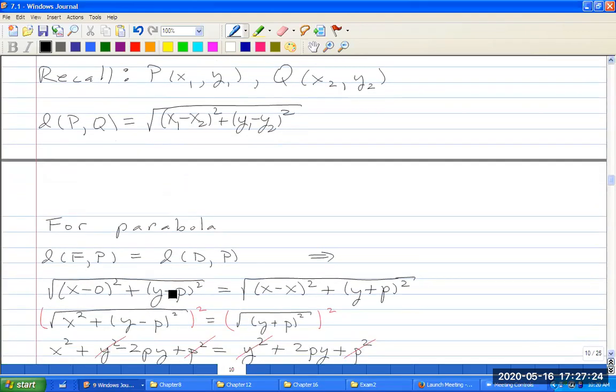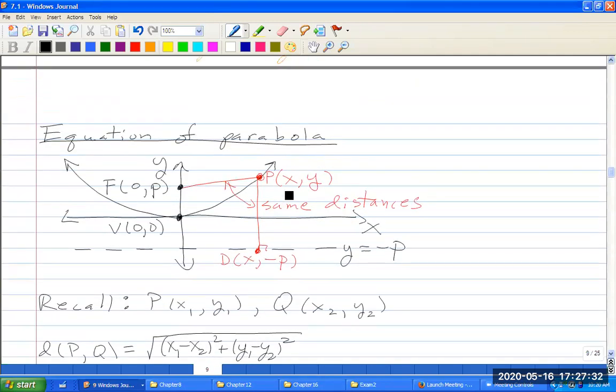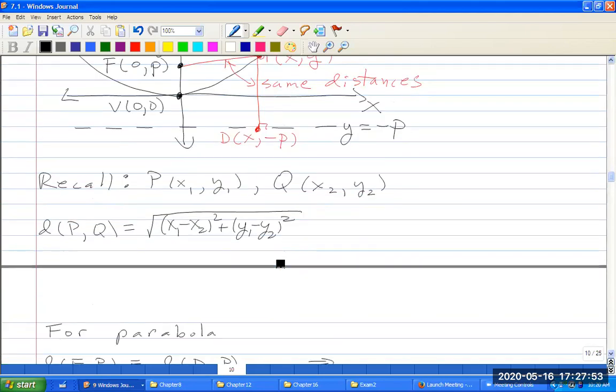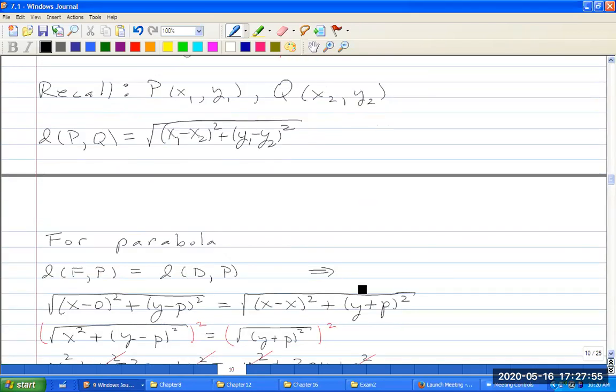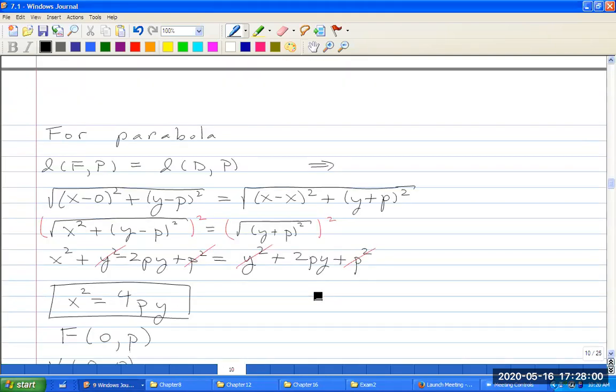That's the distance between F and P. Now let's look at the distance between D and P. It's the square root of (x minus x) squared plus (y minus negative p) squared. Subtracting negative p is the same as adding p. So it's just the square root of (x minus x) squared plus (y plus p) squared.